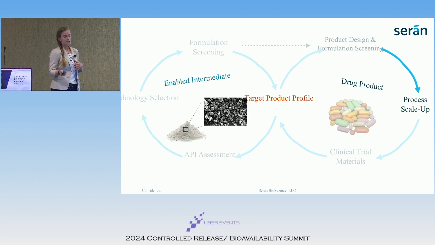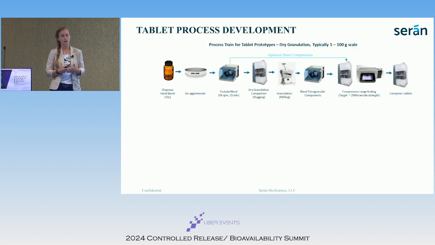And so I just want to spend a couple minutes on the concept of process scale-up, because a lot of what I just showed is actually done or can be done with bench scale techniques. But there's still a need to scale up.